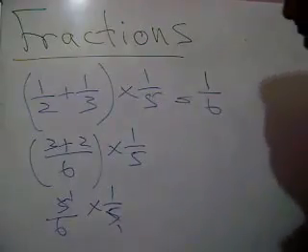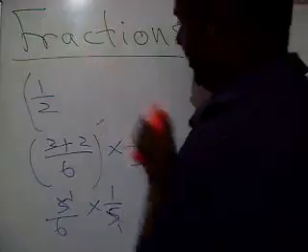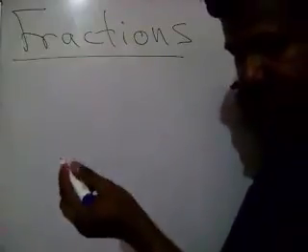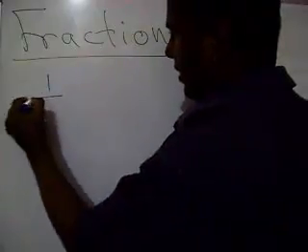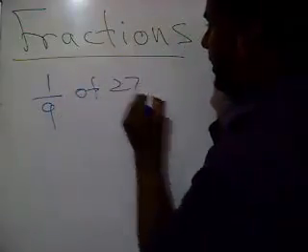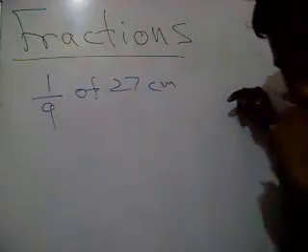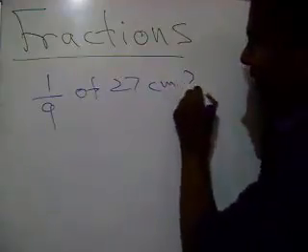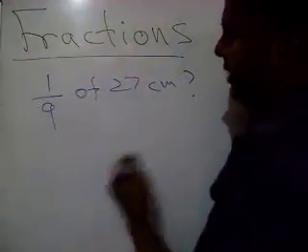Let's take another example where we have to calculate of. So what is 1/9 of 27 centimeters? This is the question. Of is basically multiplication.